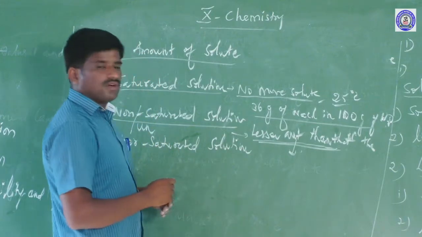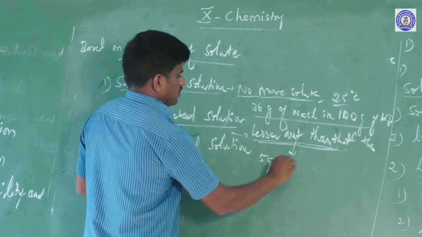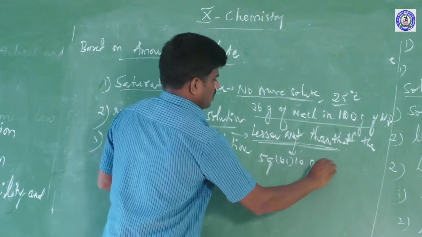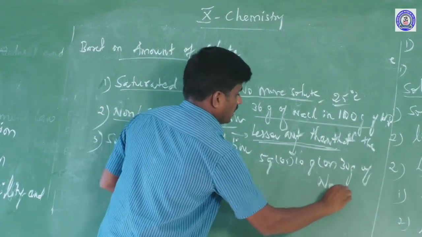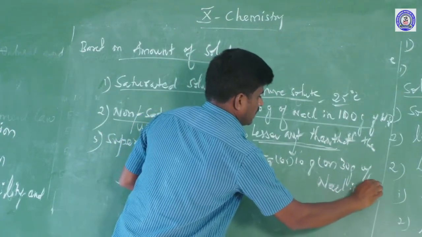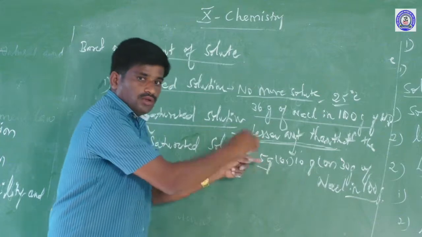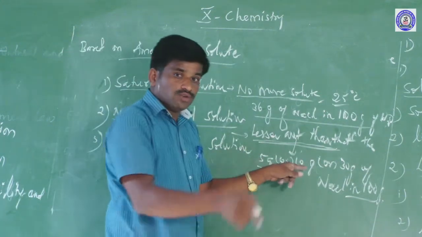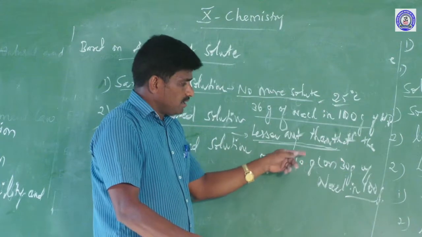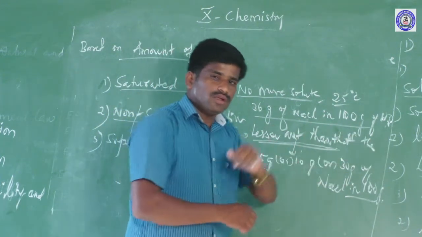Here are examples for the unsaturated solutions: 5 gram or 10 gram or 30 gram of sodium chloride in 100 gram of water. 5 gram of sodium chloride can dissolve; that is an example of unsaturated. 10 gram of sodium chloride also can dissolve. We can add up to the saturation point of sodium chloride.